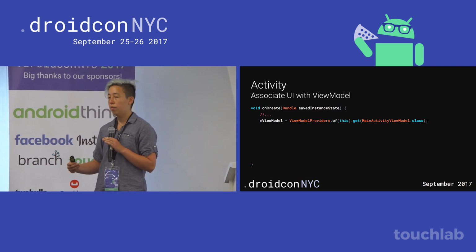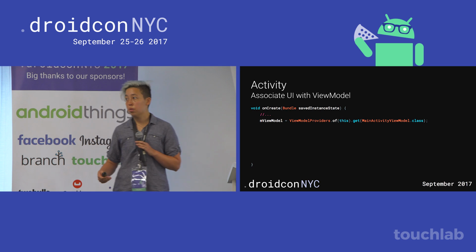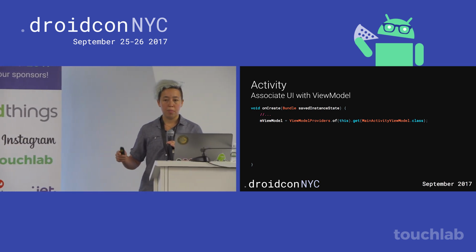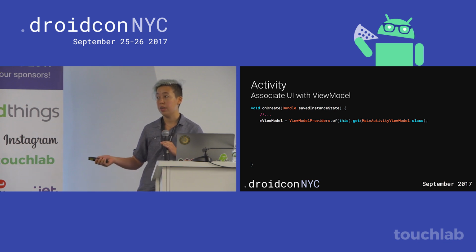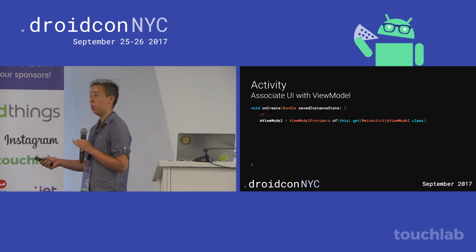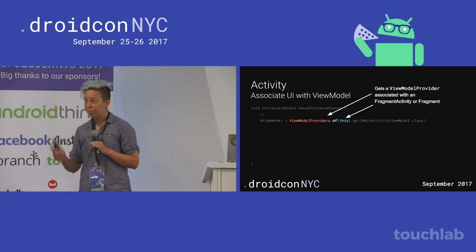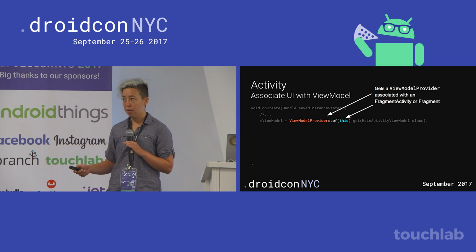Okay, so then you have your actual activity. So here's the starting code for that activity. So we want to be able to get that association to the ViewModel. And this statement here is the statement that sets up the association with the ViewModel. Okay, so the first thing that we're going to do is we're going to get something called a ViewModel provider.